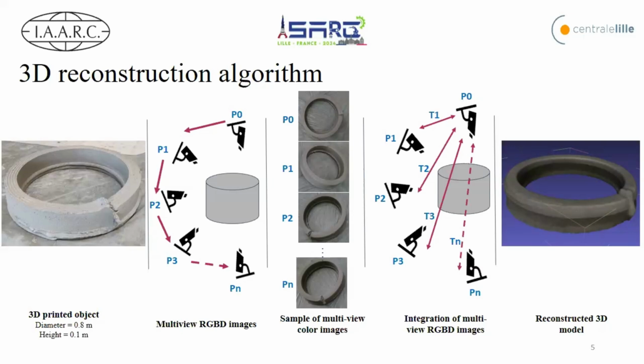So we can relate the content of the RGB-D images to one common reference frame, and integrate all the content of several images into the same reference frame by calculating this transformation matrix. Once we apply the integration method, we have the 3D model. Here, starting from one image, you can see the constructed 3D model.